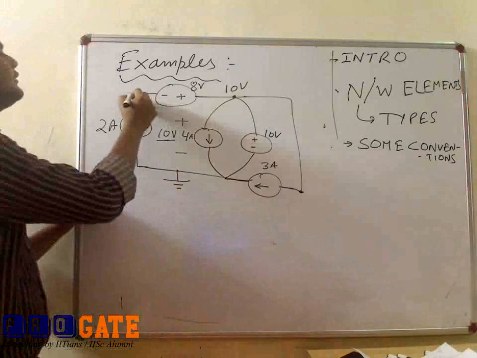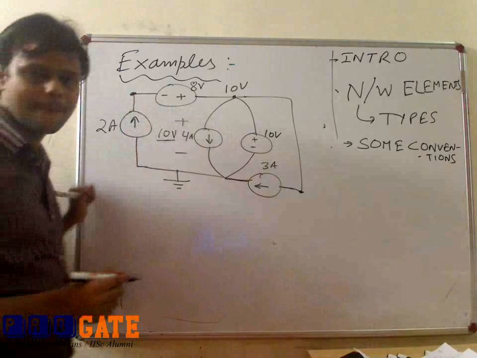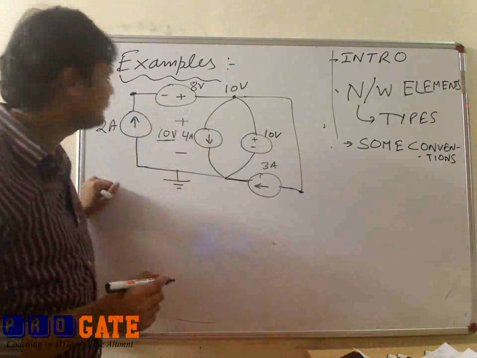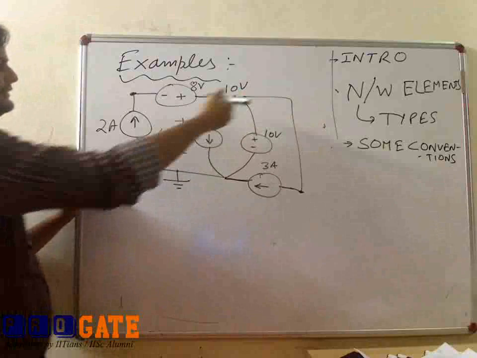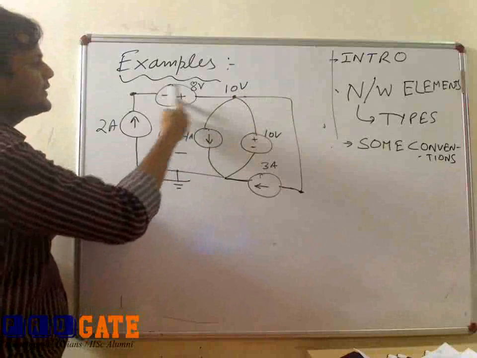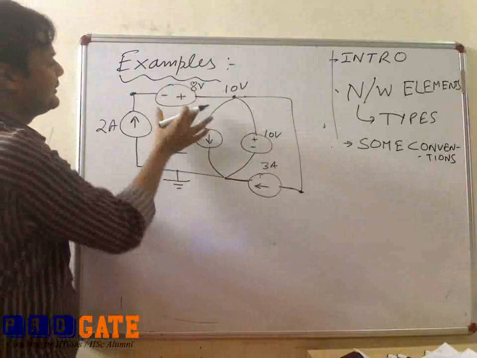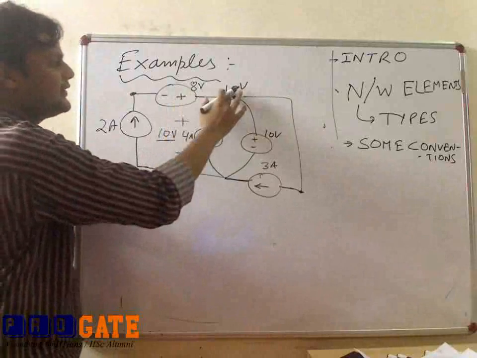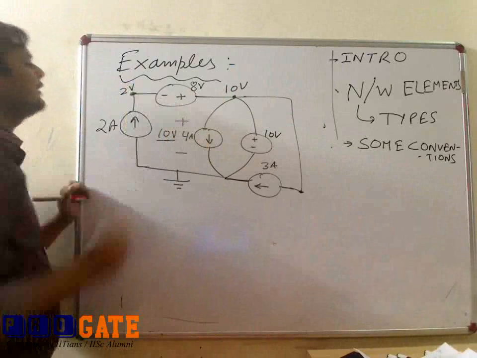Now, what is the nodal voltage of this node? This node has 10 volt, and if I travel here, then there is a transition from plus to minus. So the voltage is dropping. And how much has dropped here? It is 8. And previously I was having 10 volt. So the remaining is 2 volt, very simple.